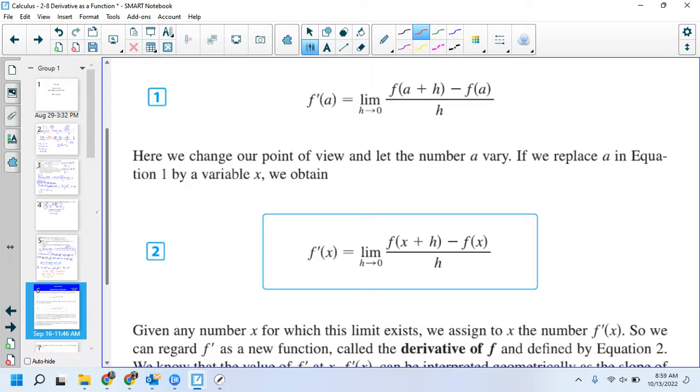It's still the location where I'm finding the slope, right? That location doesn't change if I plug it into f or if I plug it into f prime. The location is when I plug it into f. The slope is when I plug it into f prime, which is the derivative. So here we're changing our point of view and we're just replacing a with x. That's the only difference today.